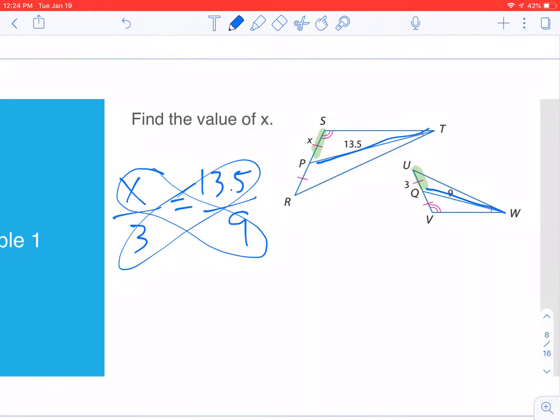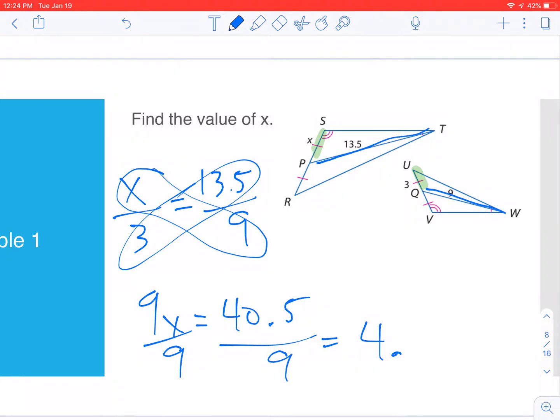Cross multiply, 9x equals 13.5 times 3. I get 40.5. Then I divide both sides by 9. And I get 4.5 is x up there.